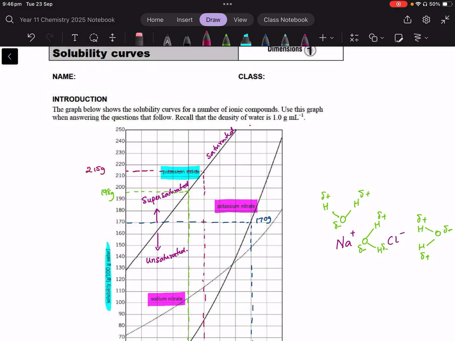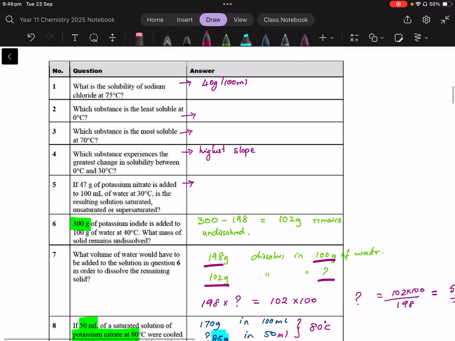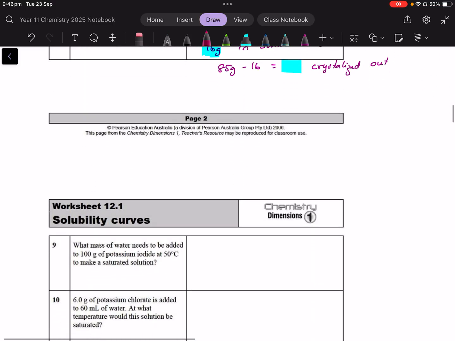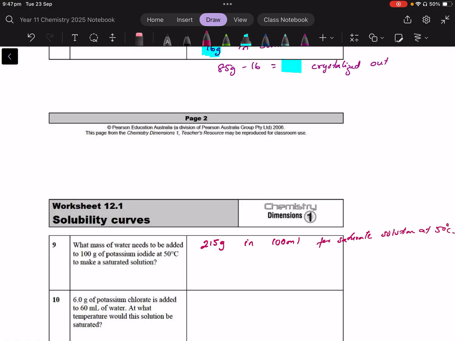At 50 degrees is about 215 grams. So if I want a saturated solution, I need to have 215 grams in 100 milliliters of water for a saturated solution at 50 degrees. So I have only 100 grams. In how much water would I add?